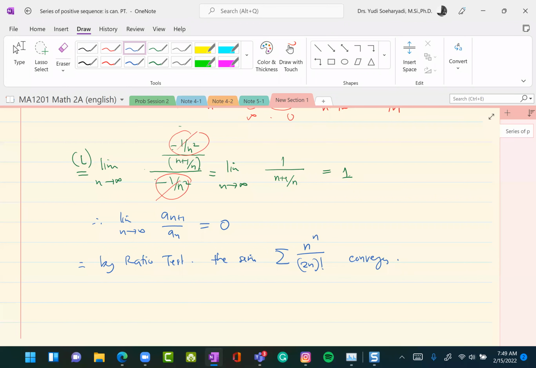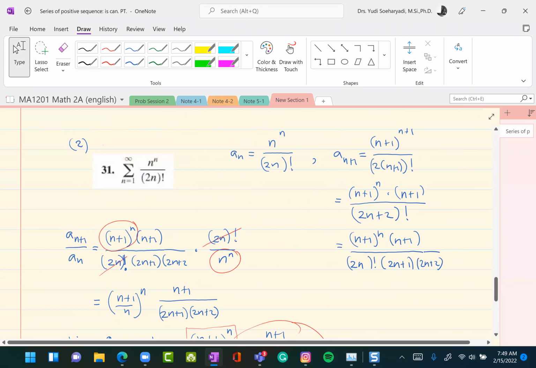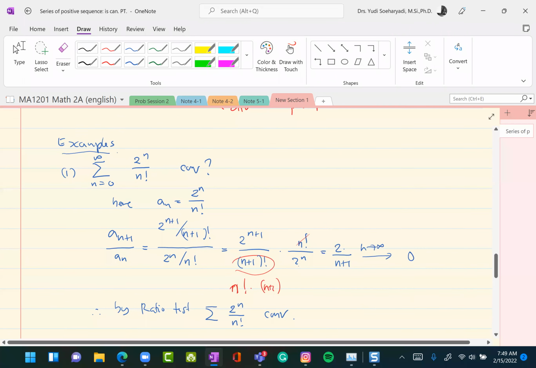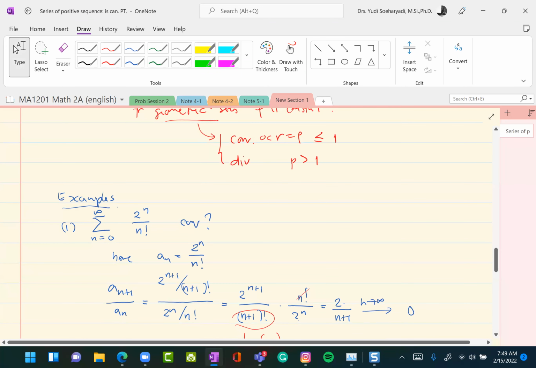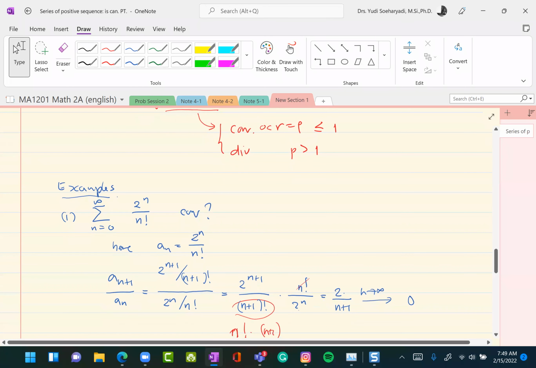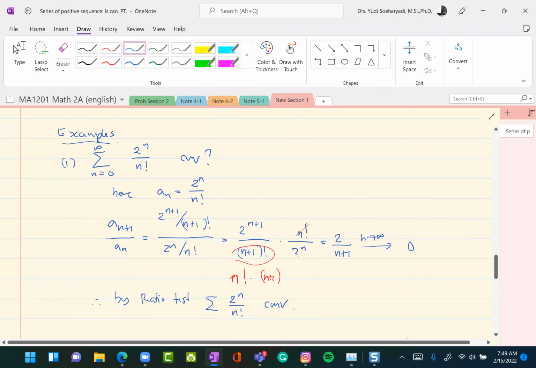Okay. So you see this first example and second example. So in terms of large numbers, log is actually the smallest one, then polynomial, and then exponential. But you see here, even if you make a series of an exponential but divide by a factorial, this still converges. That means factorial is much larger than exponential.